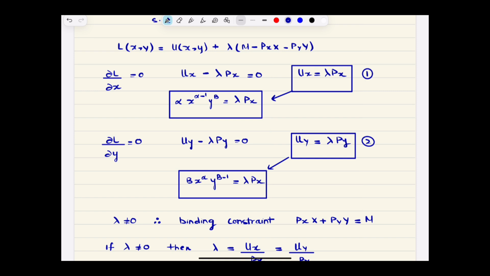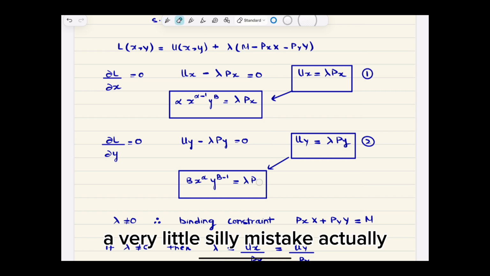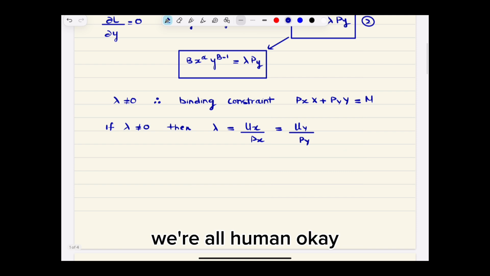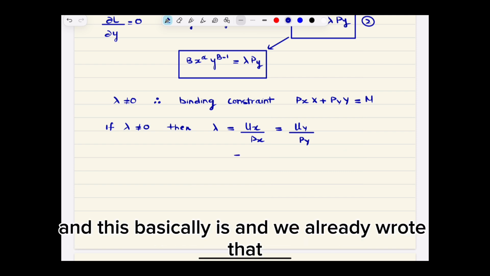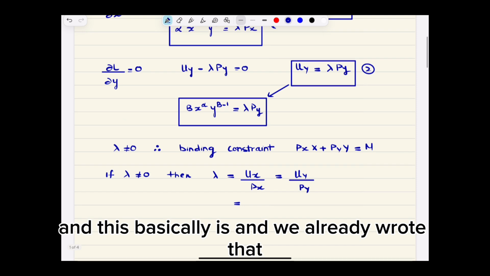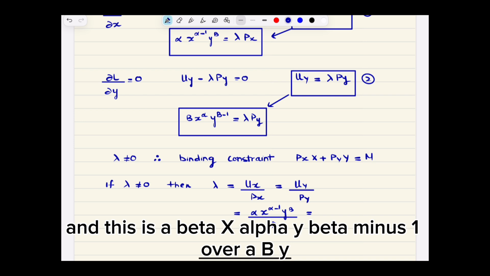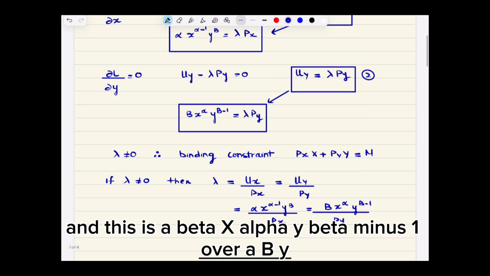A very lethal silly mistake, actually. But I'll make the correction. We're all human. Okay, and this basically is, and we already wrote that, alpha x^(alpha-1) y^beta over px, and this is beta x^alpha y^(beta-1) over py.